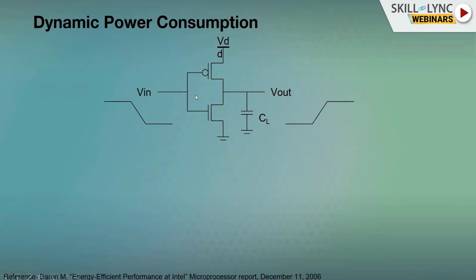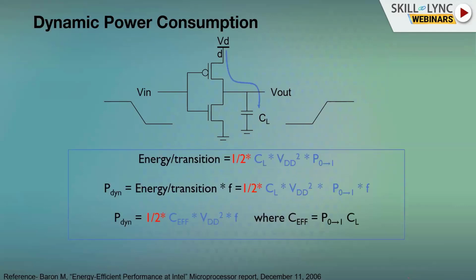I'm not going into those details, but if you understand this circuitry as a CMOS, and what we are providing as input and what we are getting as output, then we'll go into details about how we compute our dynamic power. If you are applying 0 here, that means this particular transistor is getting into the on state.